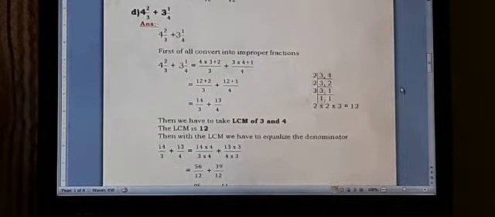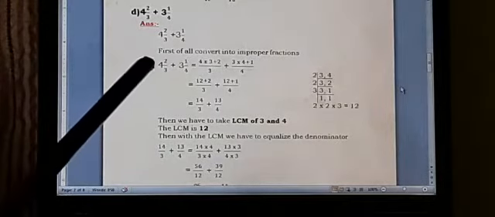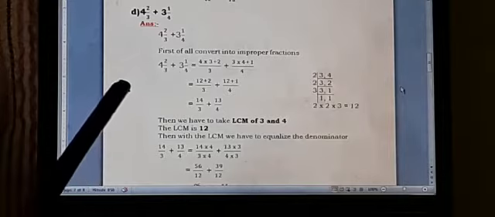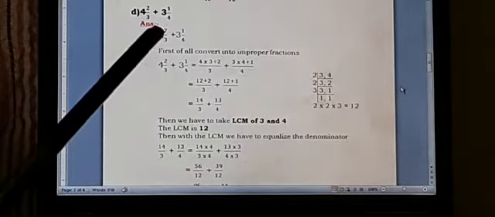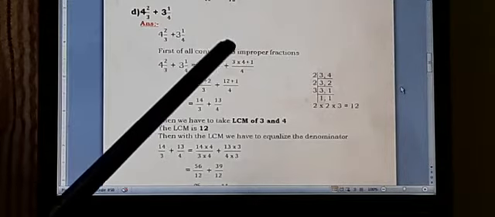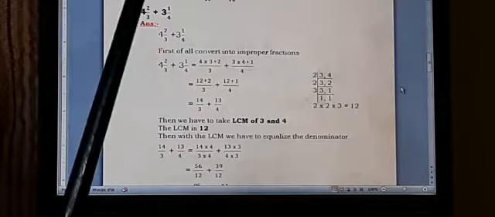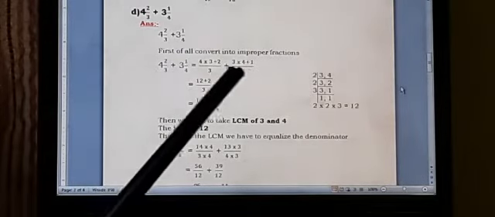Next question. Listen children, here they have given mixed fractions. Here one more procedure is extra. What is that? Mixed fractions are given, so first of all we have to convert the mixed fraction into an improper fraction.